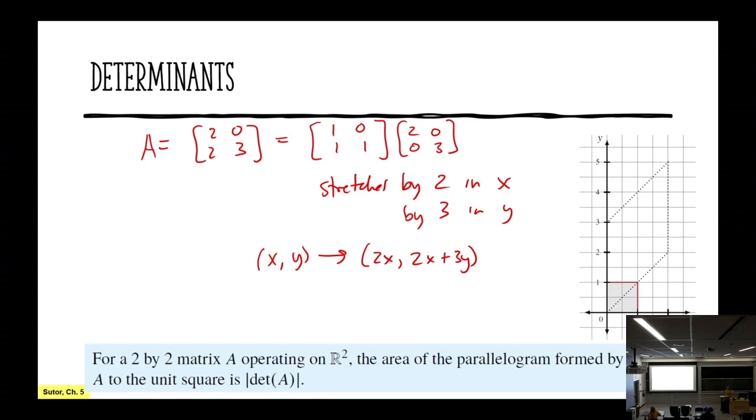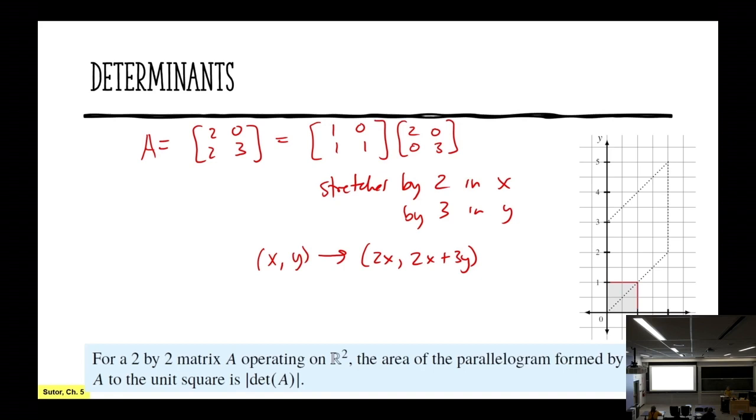So that's shown in the diagram on the right. I have my unit square here. And what I've done to the unit square by doing this is shown in the dotted line. So the parallelogram that I've traced out is there.